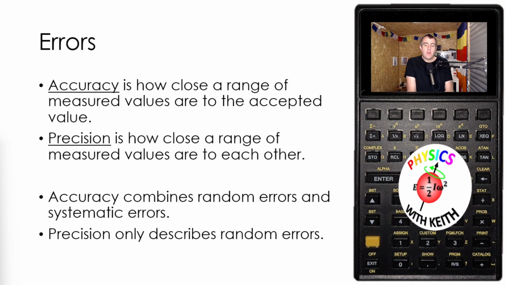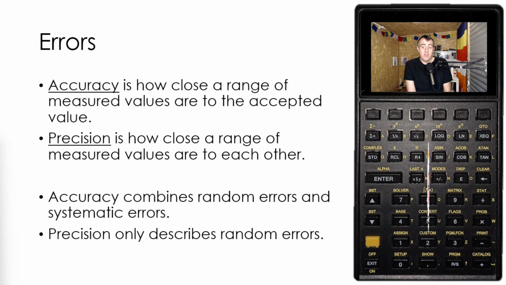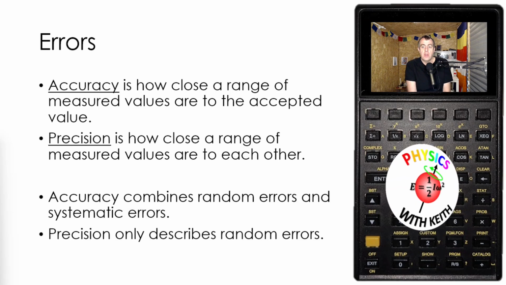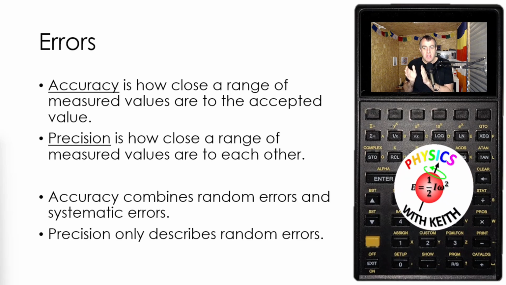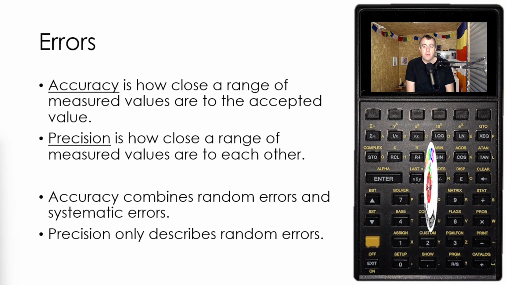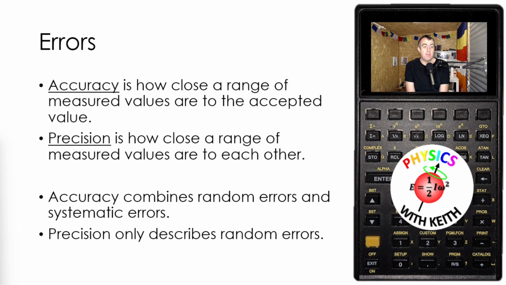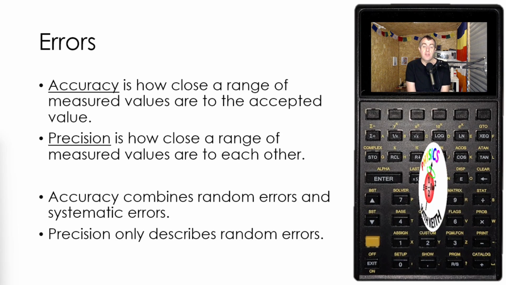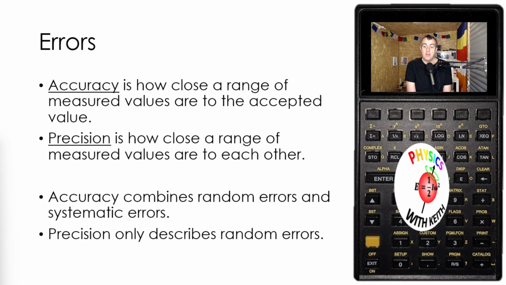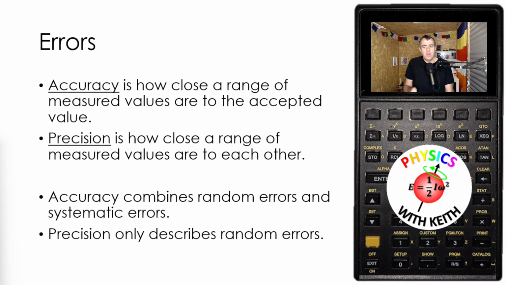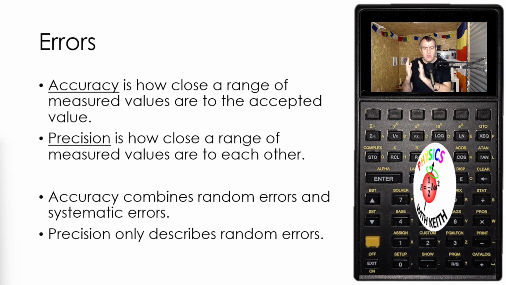So it is tied quite closely to the idea of accuracy, how close your range of measured values are to the accepted value. It's not a very accurate measurement if the accepted value lies outside your uncertainties. And precision. Precision is how close together your values are.